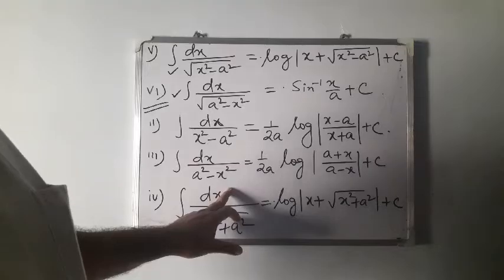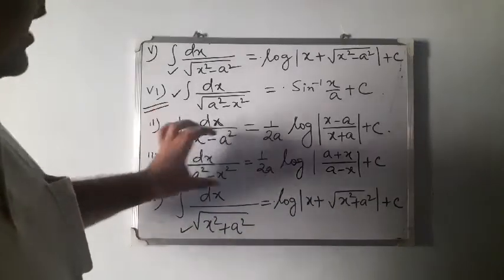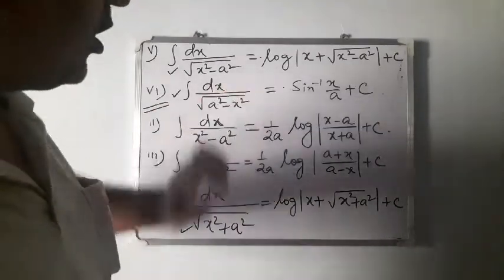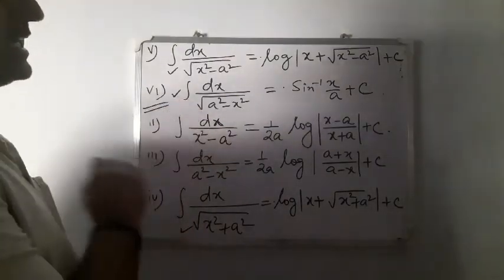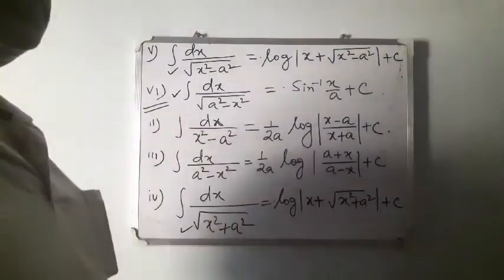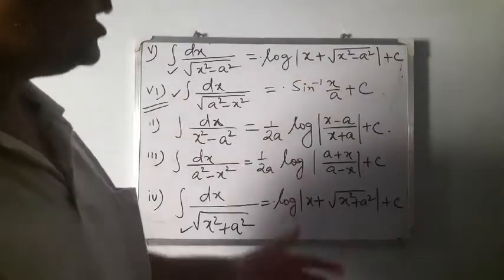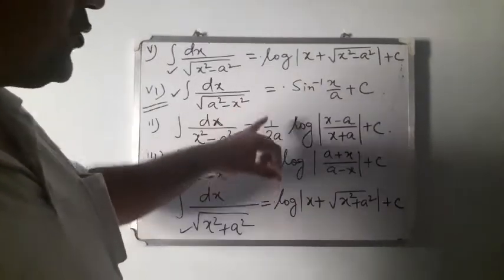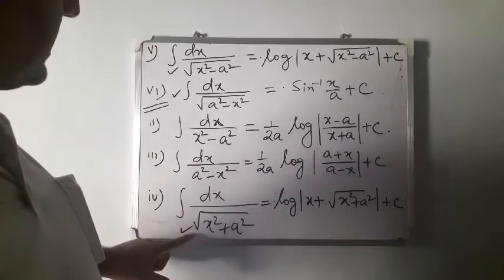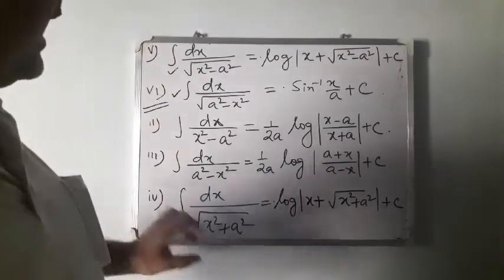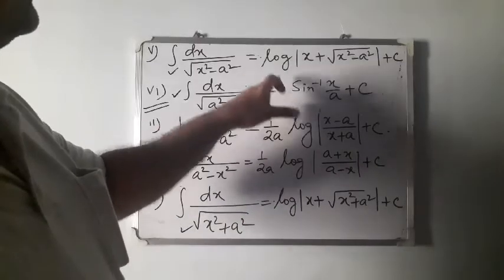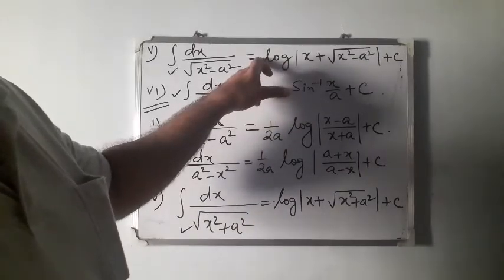You must keep in mind that without radical sign we must have 1 by 2a or 1 by a, which we wrote earlier for integral dx by x square plus a square. In that case we have 1 by a. So 1 by a or 1 by 2a will be there if a radical sign is not present. And if a radical sign is present, then nothing should be written in front while applying the formula.